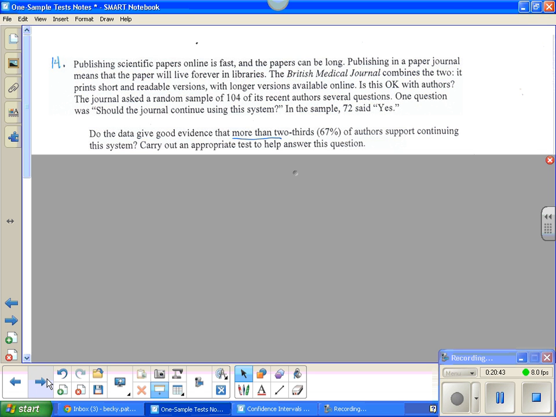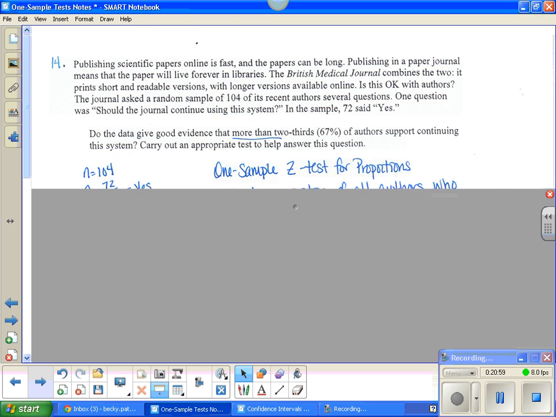Okay, in your brain, is this a one sample or a two sample? One sample. Is this a Z or a T? Z. Why? Because it's proportions. Everybody good there? Got it? That would be the first thing that you write. Okay, what's next?